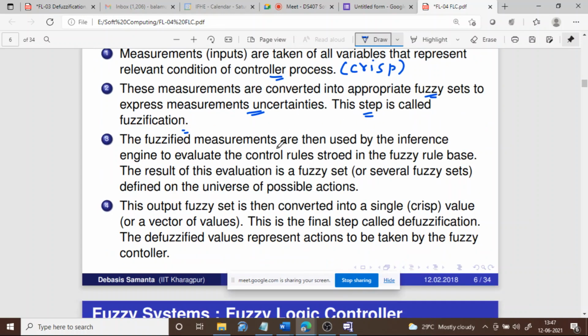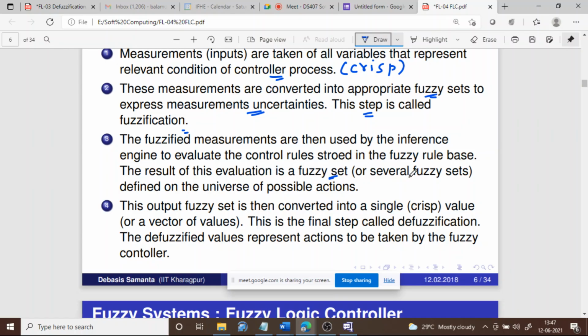The fuzzified measurements are then used by the inference engine to evaluate the control rules stored in the fuzzy rule base. The result of this evaluation is a fuzzy set. So it goes through the inference engine and some processing through the fuzzy rule base, and the output will also be a fuzzy set.